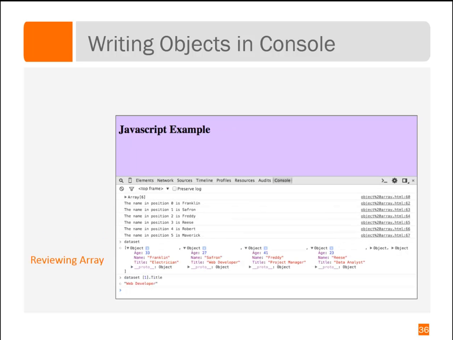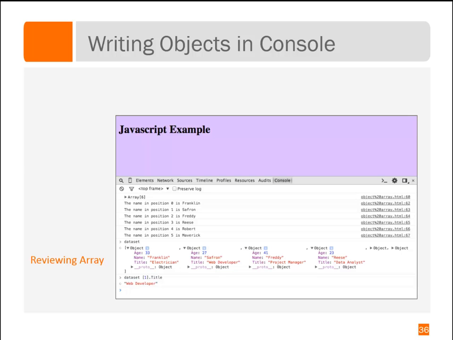Okay. Now we can also take a look at the array if we'd like. So we could call that particular array. In this case, it's called dataset. So we could just at the prompt there type the object array called dataset, and then it will return all of those objects that are there.